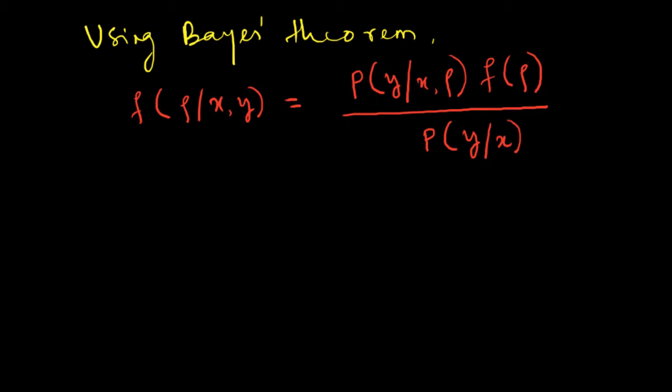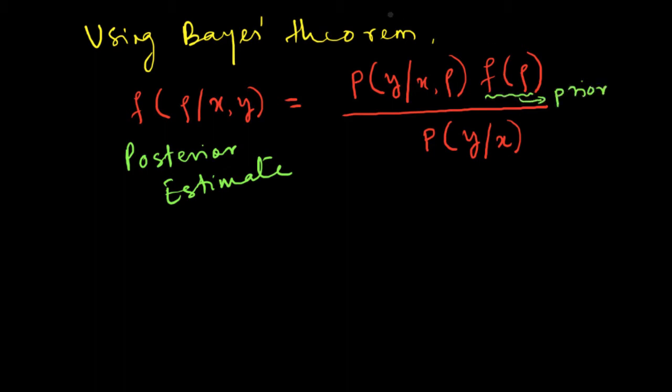So this thing is called the posterior estimate, because this is the estimate for rho after we have taken into account the values of x and y. This quantity f of rho is what is called the prior, and this quantity is what is called the likelihood.